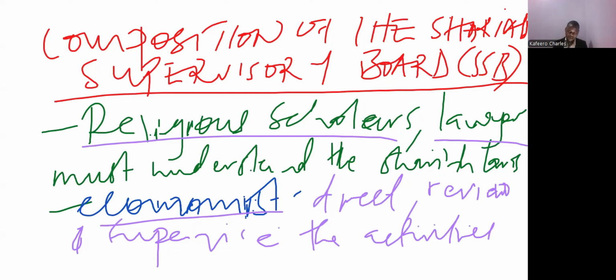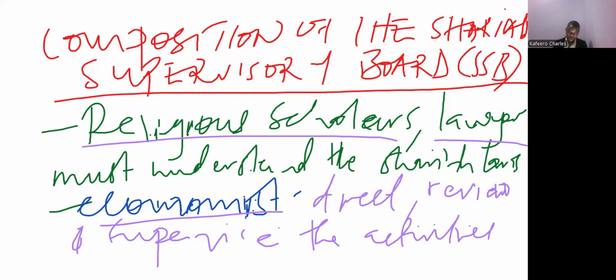So if they discover that these products generated revenue or income that is not Sharia compliant, they insist and actually verify that they give it out to the charity organization, whichever advice that they have provided.